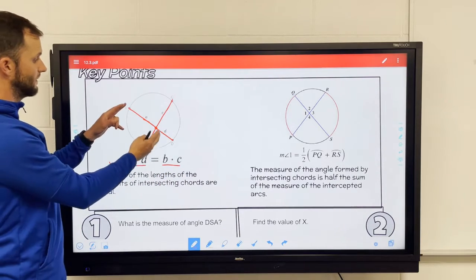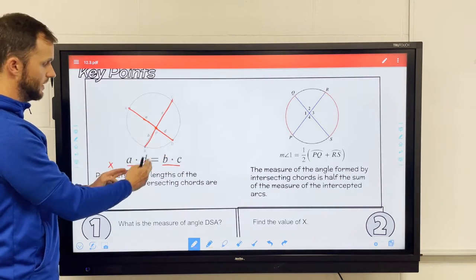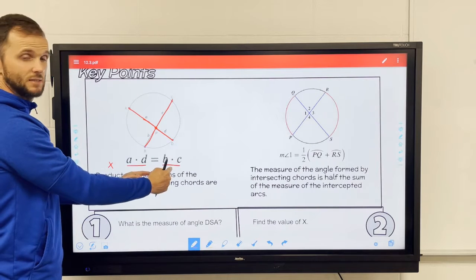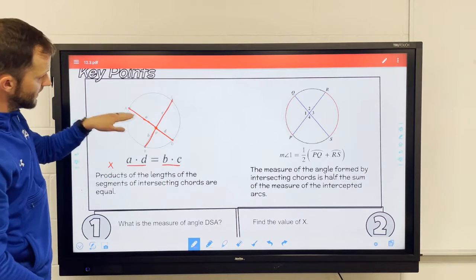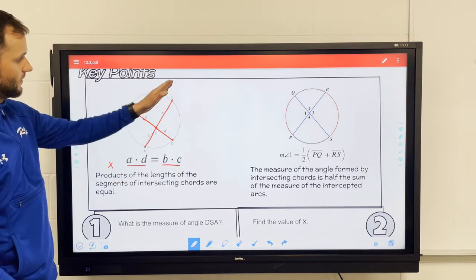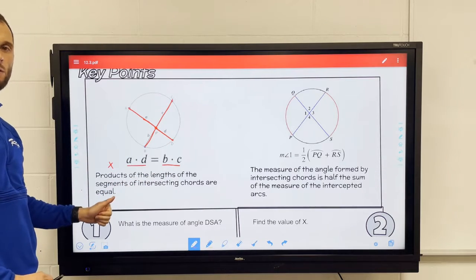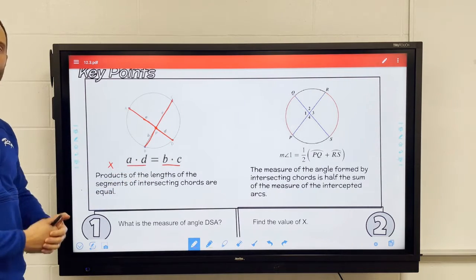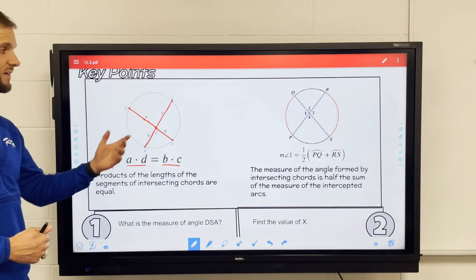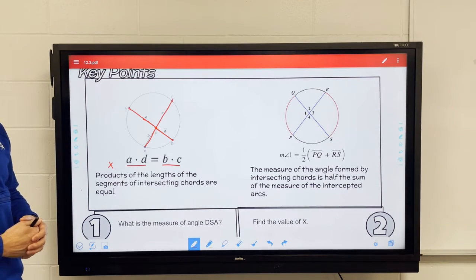So basically, those two on the same line multiplied together and those two on the same line multiplied together would be equal to each other. I can use this to set up an equation, then solve it to find the missing one if I need to, okay?